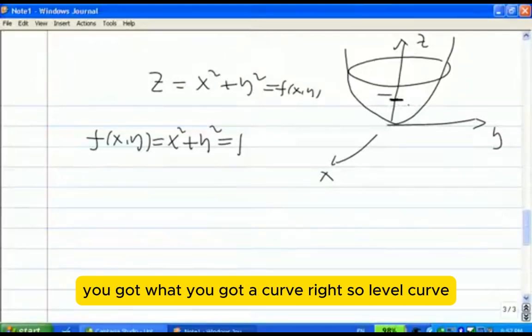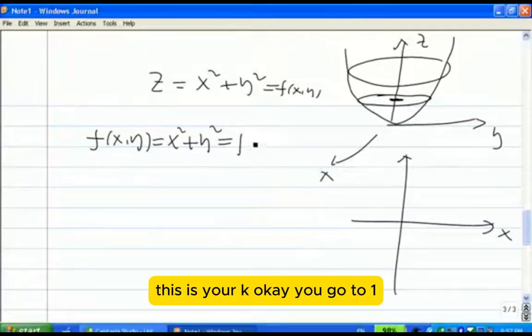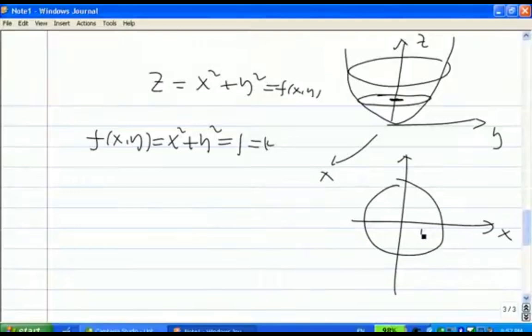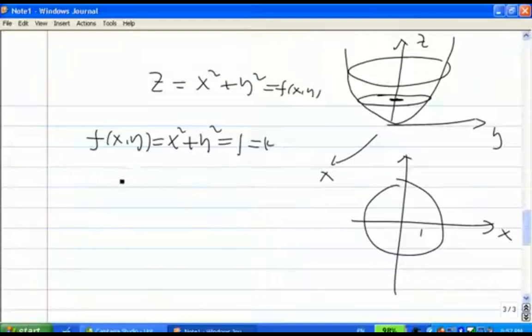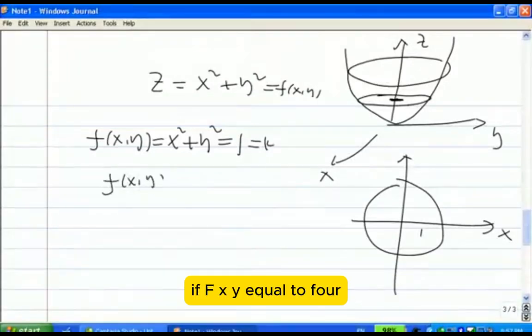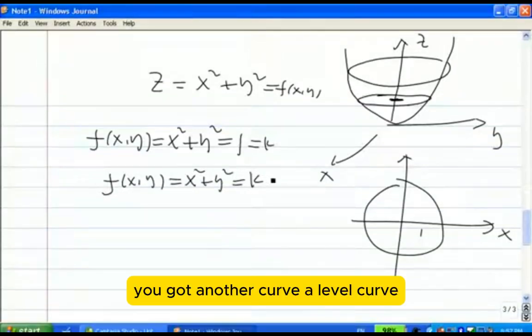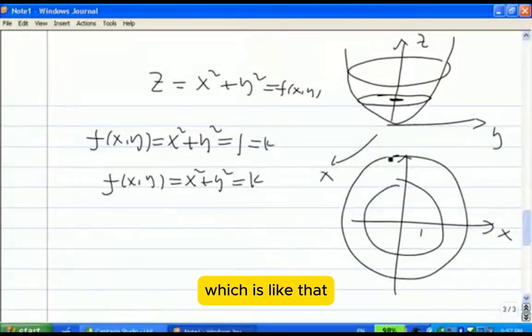In the intersection of the surfaces, you get a curve, right? So the level curve, this is your k equal to 1. You get a circle with 1 as radius. If I let k equal to 4, then f(x,y) equal to 4 gives you another level curve, like that.